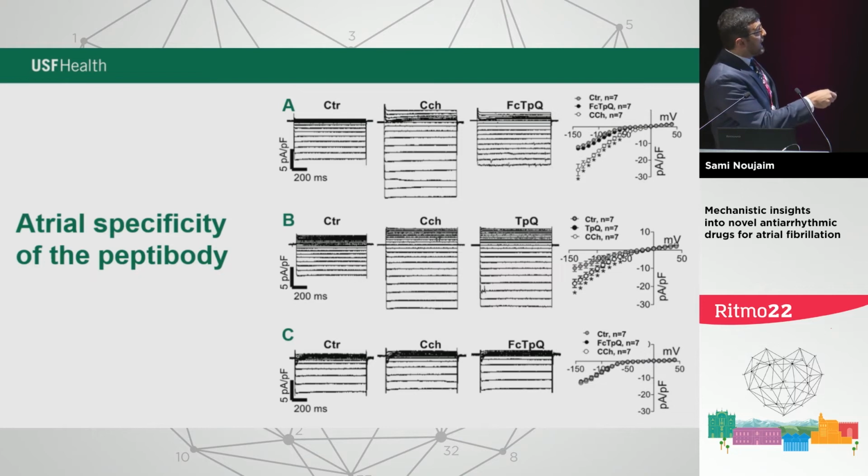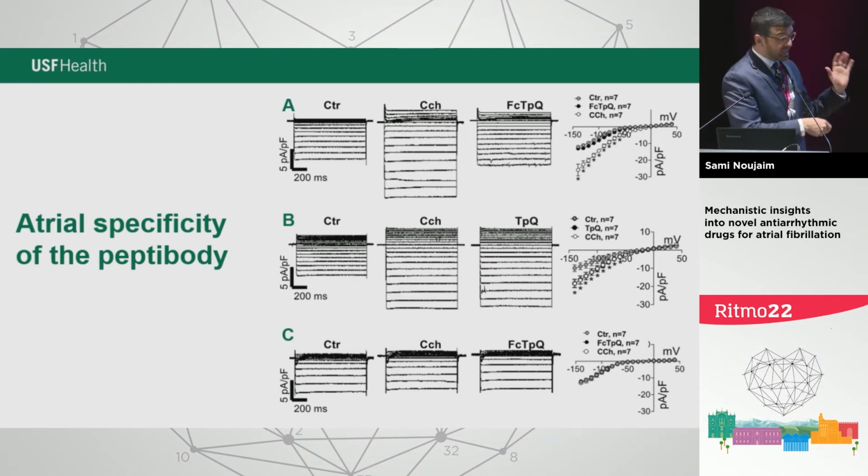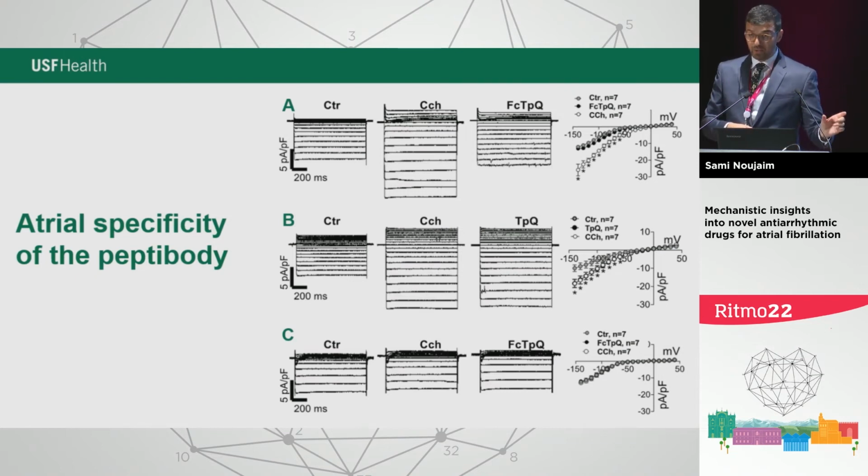In panel B, we show the same experiment. However, we added 100 picomolar of tertiapin-Q to the bath solution, and 100 picomolar of tertiapin-Q did not affect the current that was increased by carbachol, indicating that tertiapin in the native atrial myocyte is still less potent than the peptibody. Panel C is the exact same experiment, however, in a ventricular cell.